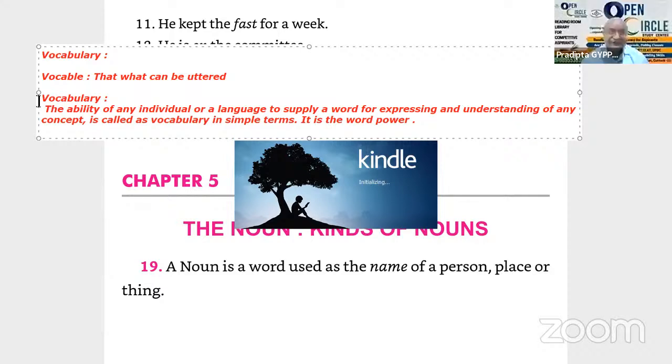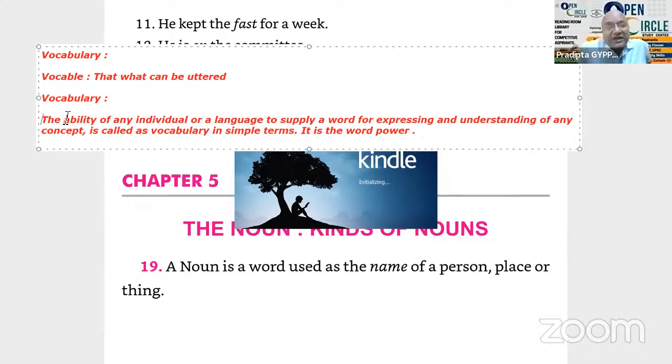Are you getting what I'm trying to say? Because you do not have a proper word for Samudi in Hindi, Samdi in English. The English people may use words like father of the bride, father of the groom, but they don't have a proper term for Samdi. So that means English is not able to supply a word to express a concept. Have you understood now?